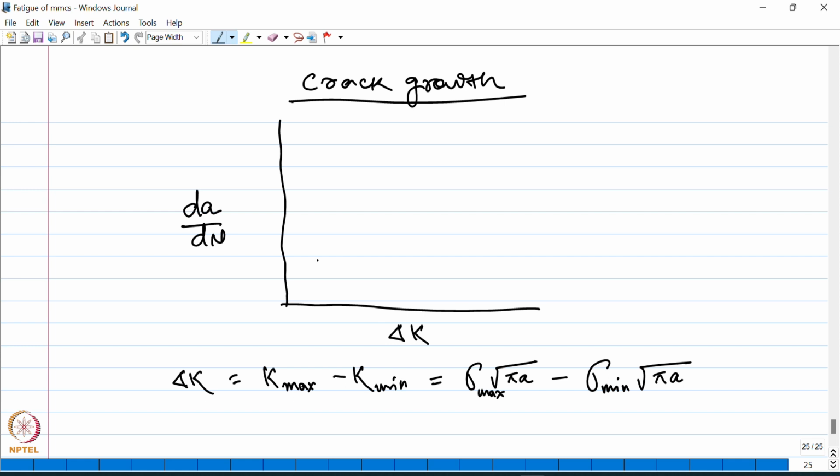Okay, this typically gives you a sigmoidal plot, as we have seen before while discussing general fatigue. This plot, as you might know, has three regions.